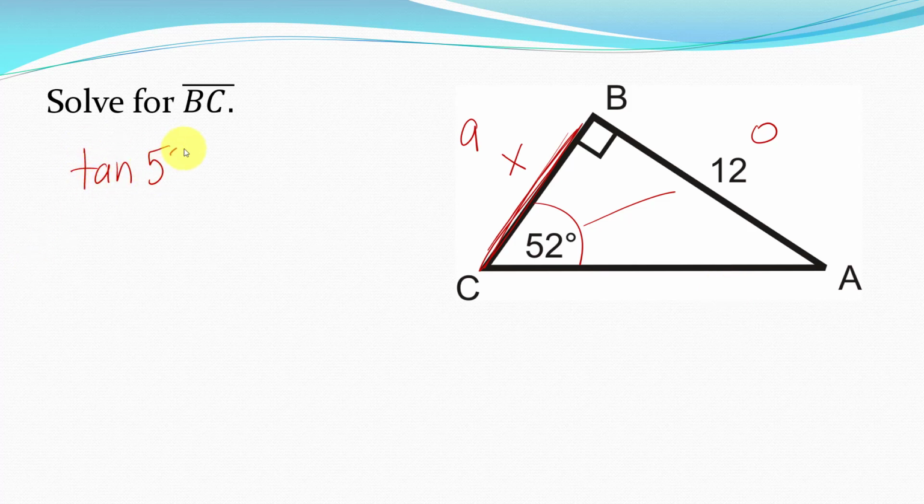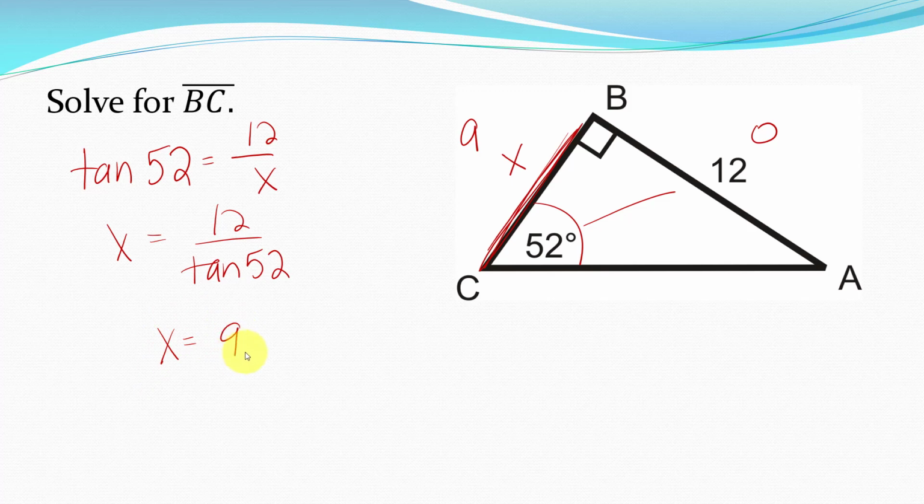Tangent of 52 equals opposite over adjacent, SOHCAHTOA. Variable's on the bottom, so I'm going to switch places and say x equals 12 over tangent 52. I'm going to divide 12 by tangent 52, and I got x equals 9.3754. So I'll round that up to 9.4.